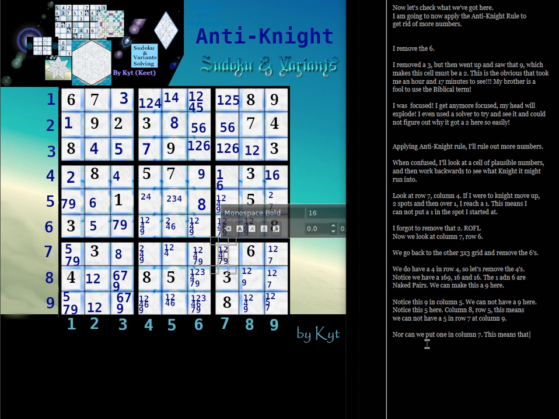This means that row 9, column 9 gets the 5.